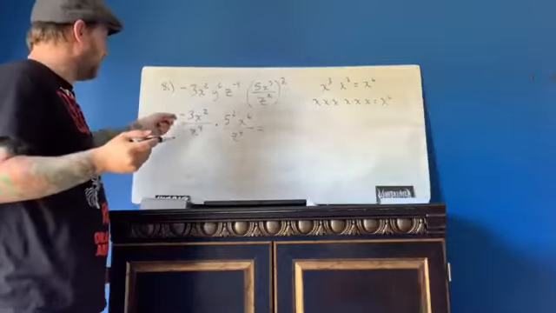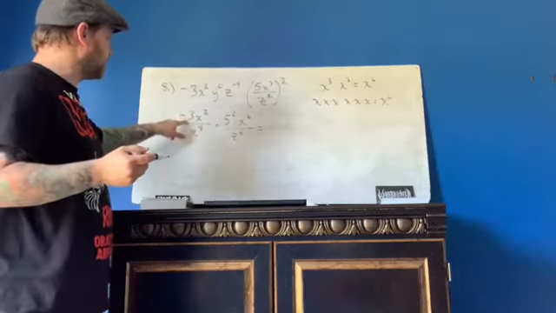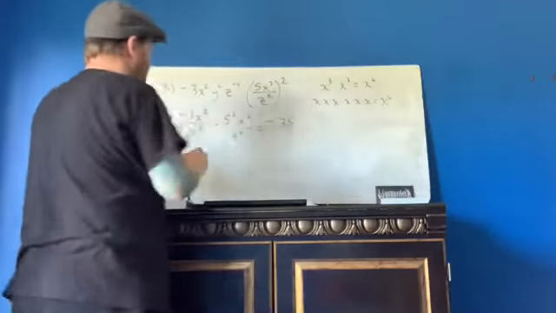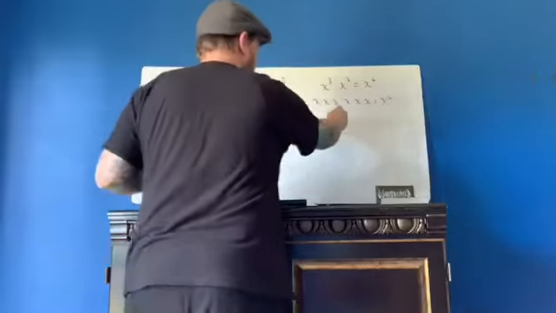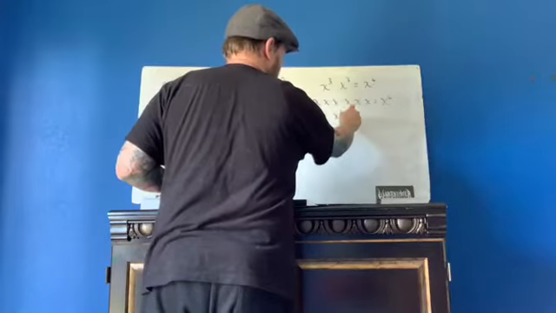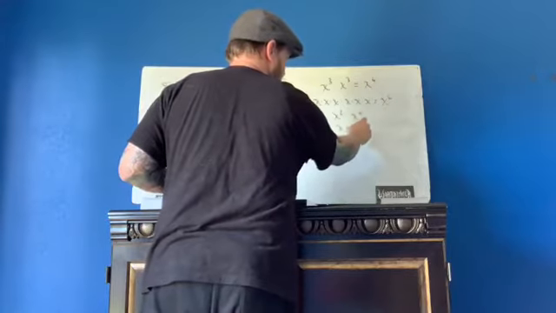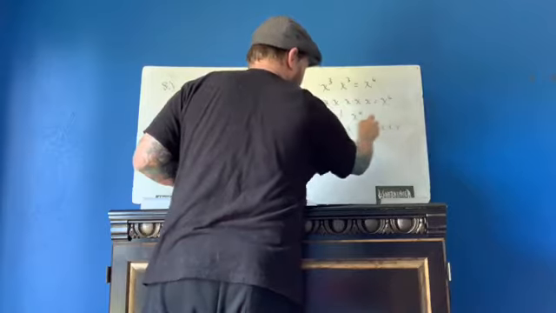All right, now all we have to do is multiply. Well, 5 squared is 25 times negative 3 is negative 75. X to the second times x to the sixth. Remember, that's x times x, that's 3, 4, 5, 6.